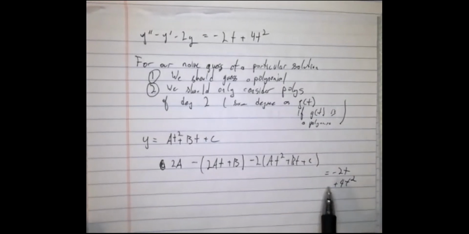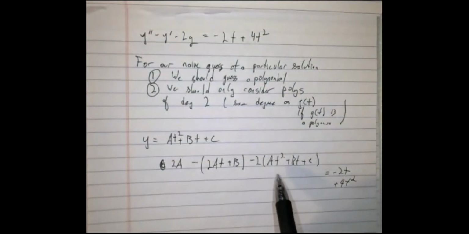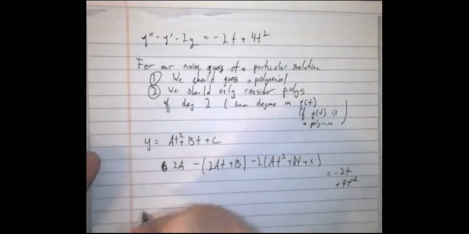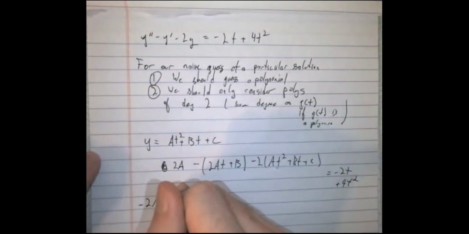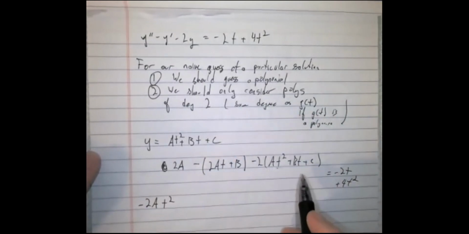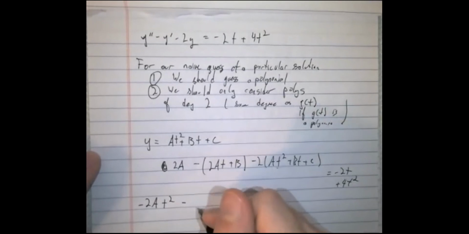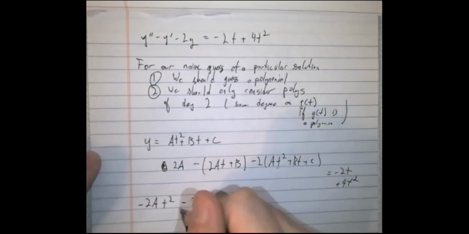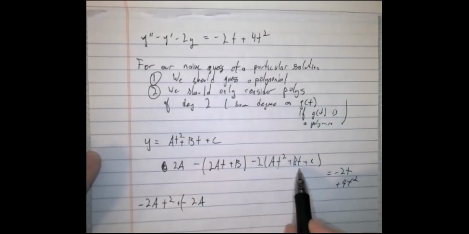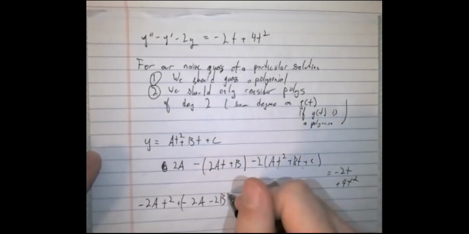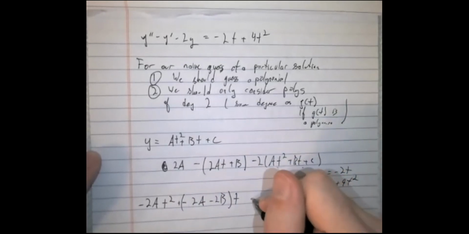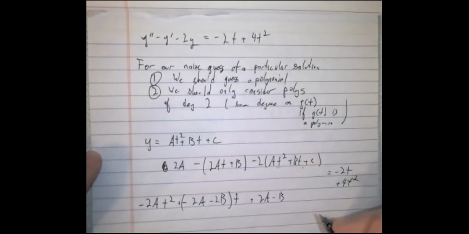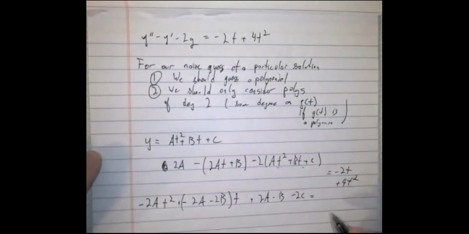Well, it's very obvious what a has to be now, right? Let me collect terms with the same power of t. I get negative 2a t squared, plus negative 2a minus 2b times t, plus 2a minus b minus 2c, and that's equal to negative 2t plus 4t squared.